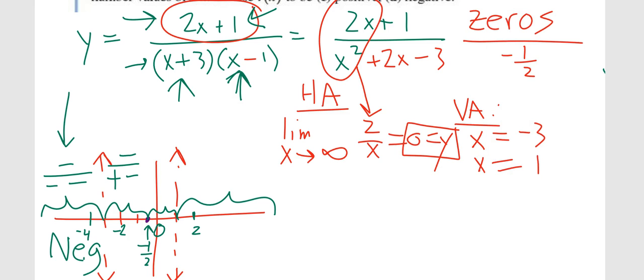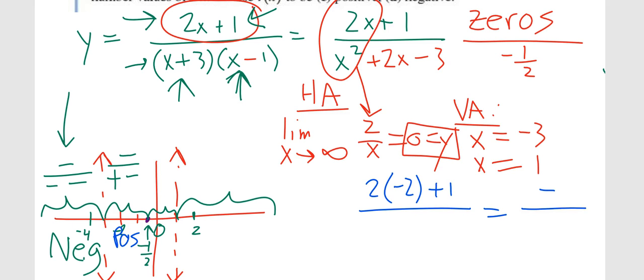Here, let's switch to a different color. So this section in here is positive. Okay, well, if you want me to write it out, 2 times -2 plus 1, that right there is going to give me a negative value.